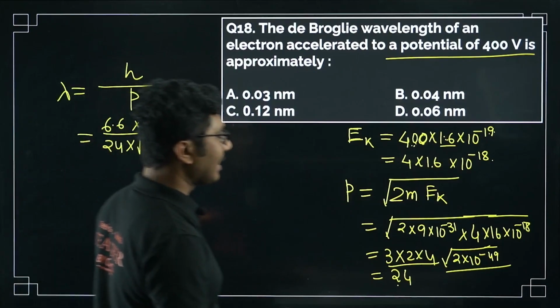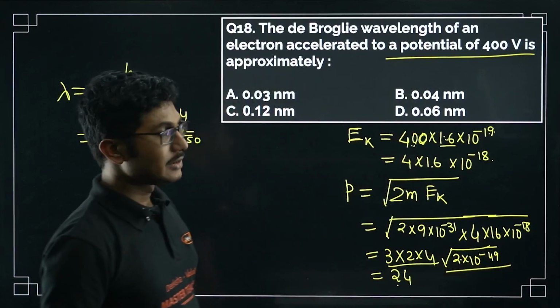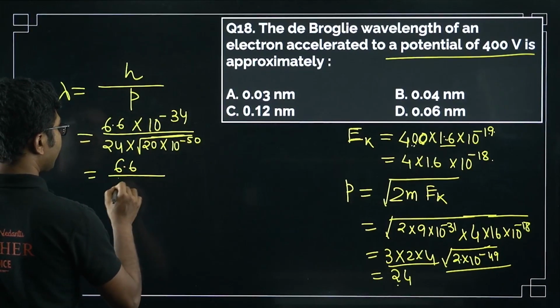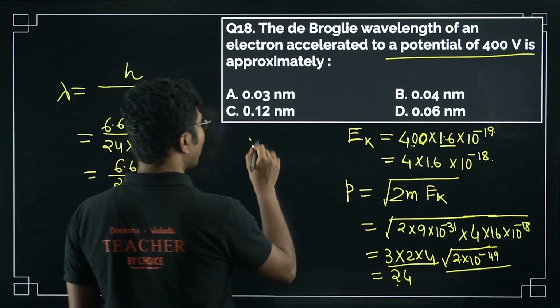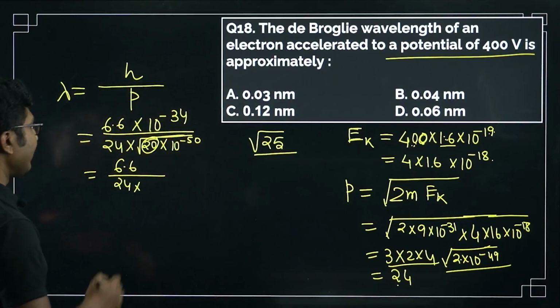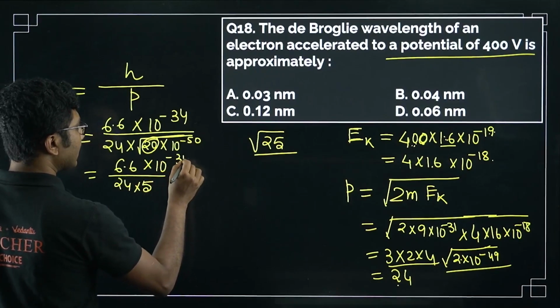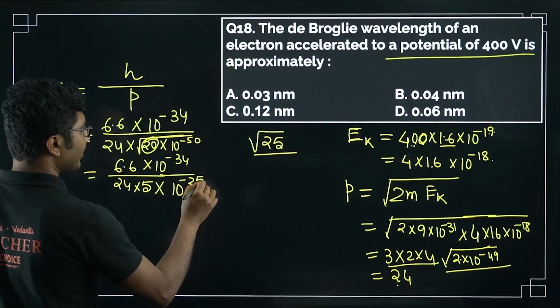I have multiplied a 10 over here and taken this 2 outside. So it will become 6.6 by 24 into this 20. I am for now considering this to be 25, which is a really big number, but anyway this is the easiest way to solve it without using calculators. So I am just using it and it becomes 10 to the power of minus 25.